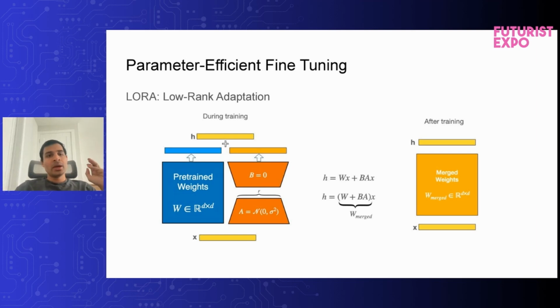So an efficient way of fine tuning the model would be you take the base model, the pre-trained model, and then you add some additional weights to different layers, like the query, key, value and all that. You add some additional parameters, and when you train, you're only training these additional parameters and you don't touch the base model.